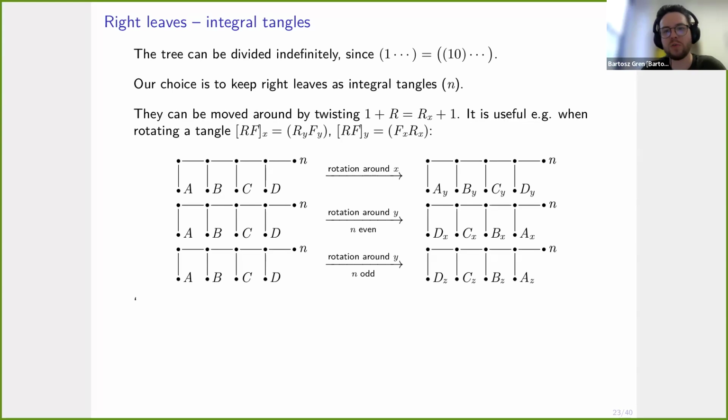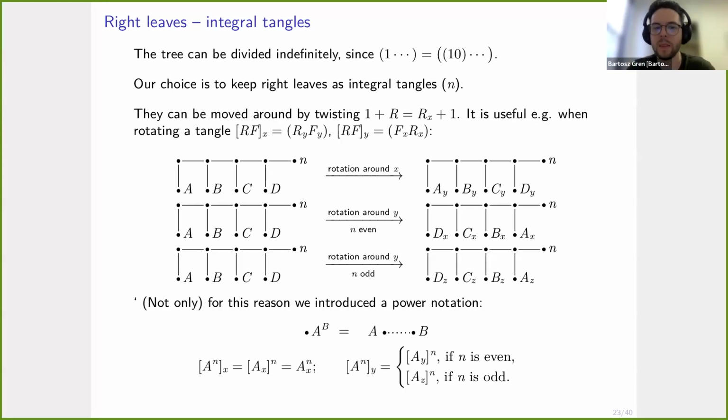It can be useful, for example, when we rotate a tangle, because we can always keep this integral tangle still on the right, which is very suitable and useful.